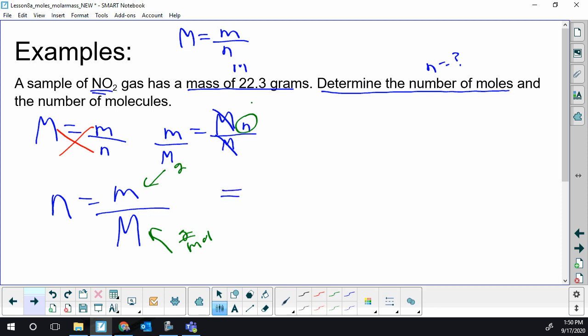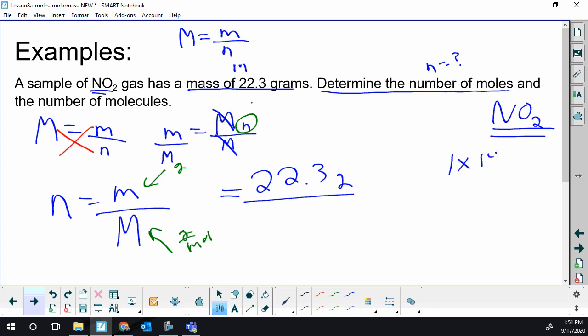I need mass. Well, that's given to me, 22.3 grams, divided by the molar mass. Well, we need to figure out how much one N and two O's weigh. So I've got one N, 1 times 14.01, I believe.